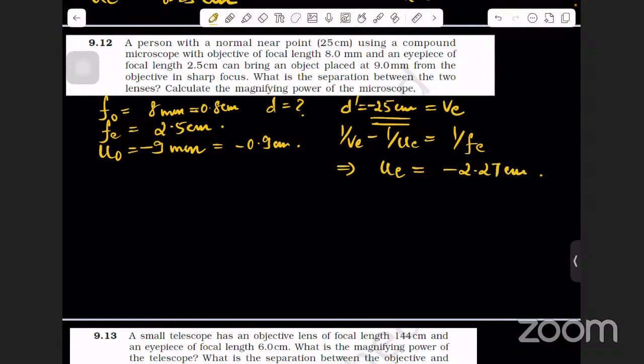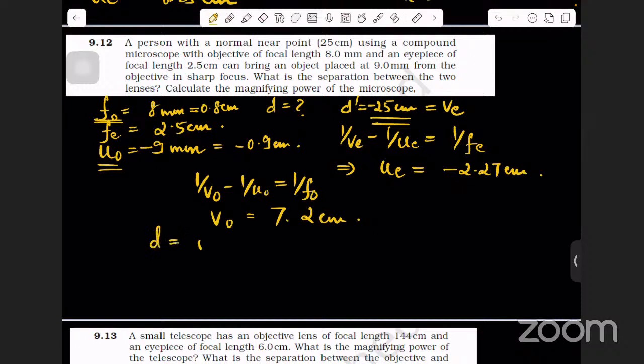Right. Now, this UE, now let's go to the objective. For the objective, if we apply 1 upon V naught minus 1 upon U naught is 1 upon F naught. You have U naught, you have F naught, so you can find V naught, which is 7.2 centimeters. Now again, the same relation, the distance is the sum of the distances, right?